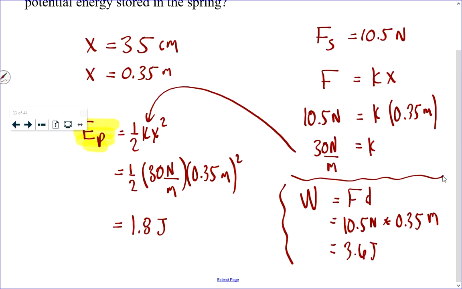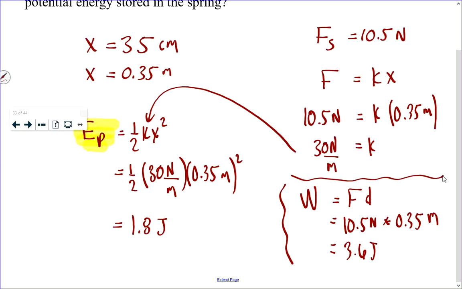Their reasoning is perfectly valid. And I'm explaining this because some of you are going to do this by mistake from time to time. Ryan? They didn't take the average. Right. In this formula, not only is the force the applied force, but it's the average applied force. And when we say it's 10.5 newtons, that's the force the spring exerts at that displacement.